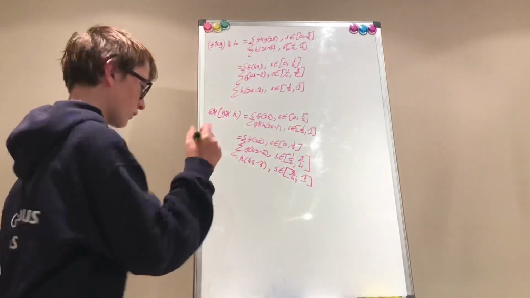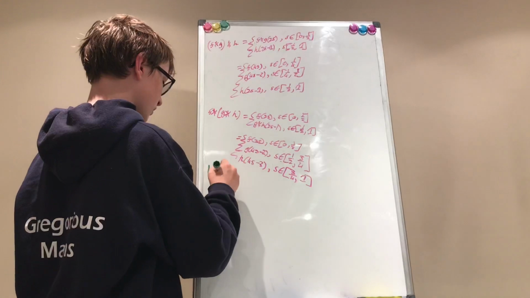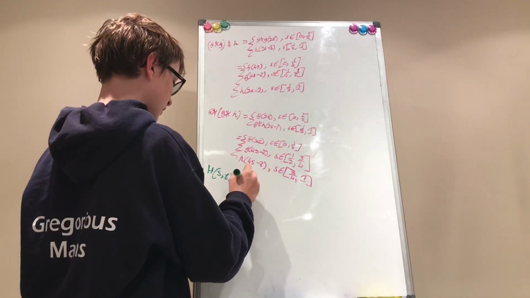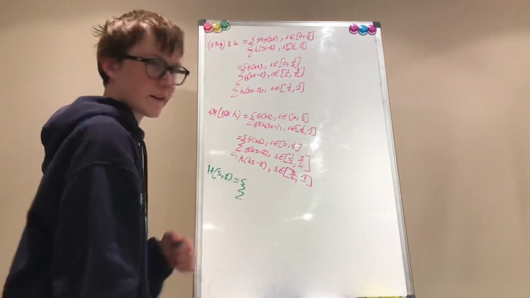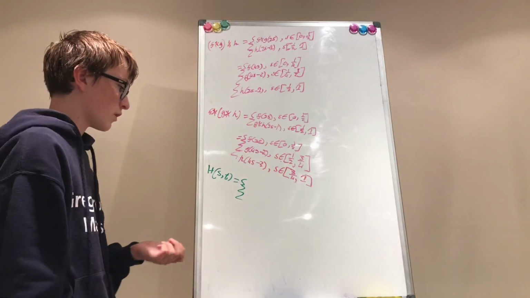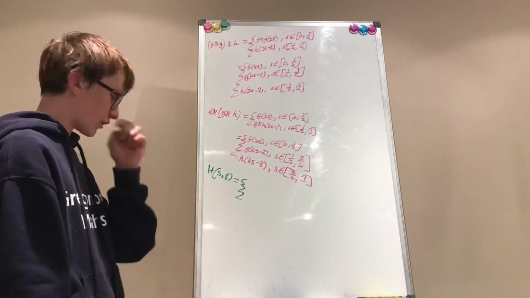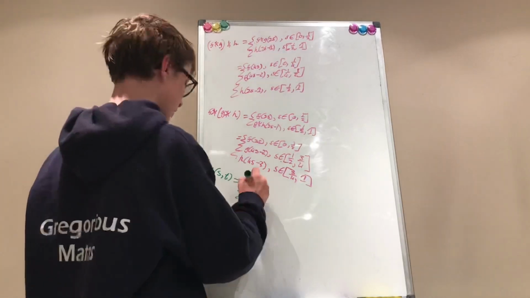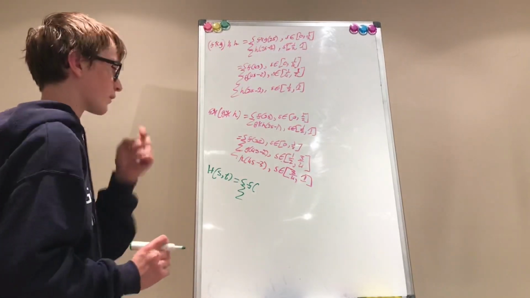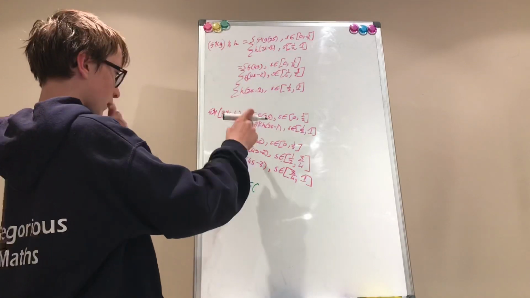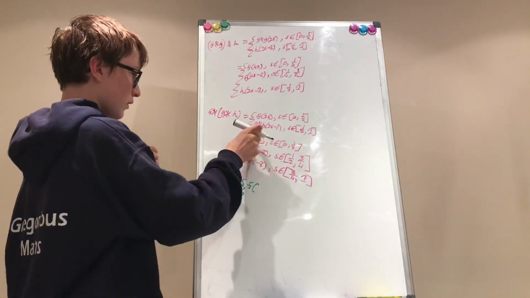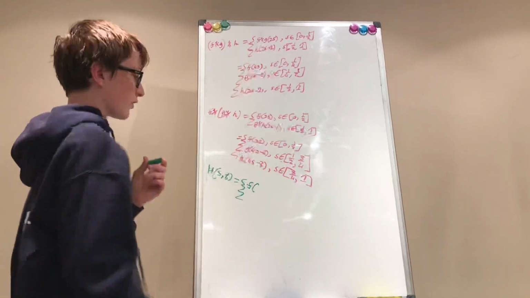Capital H of S, T, and we're going to construct this together. We want it so that we'll just go together. So we want f of 2s to go to 4s.